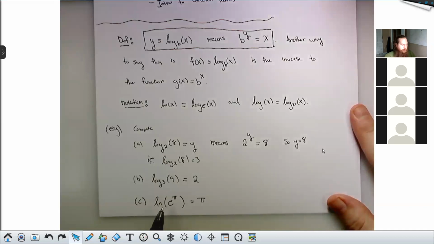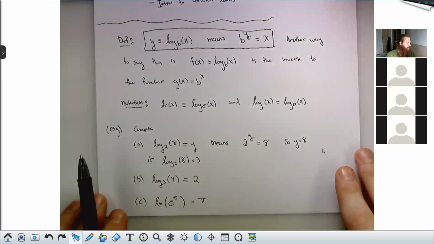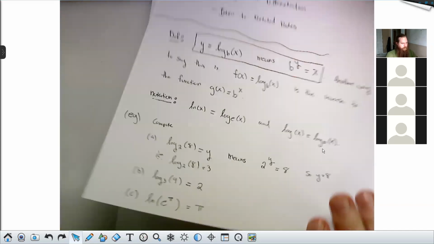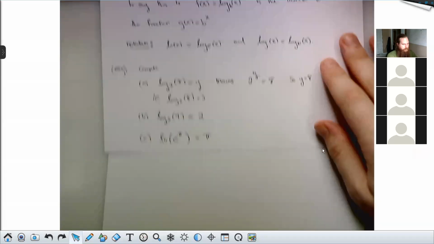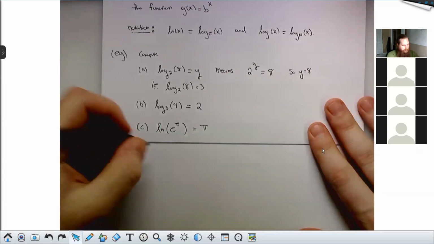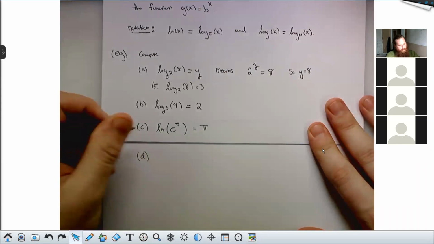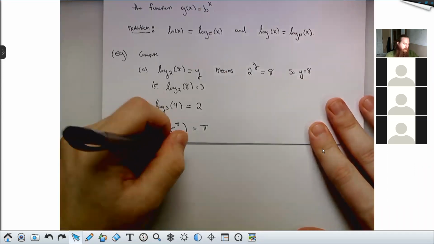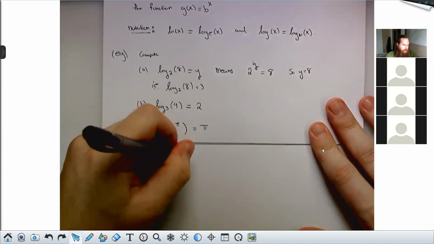So we're asking, to what power must I raise e in order to get e to the pi? I'll do a few more. I want to look at a graph or two just to make sure we're feeling comfy. What is the base 5 log of 1 over 25?